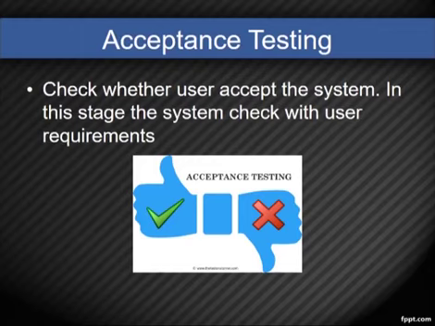If they are not satisfied at this stage, we have to build the system again or modify those components. That is the acceptance testing, that means whether the system is accepted by the user.